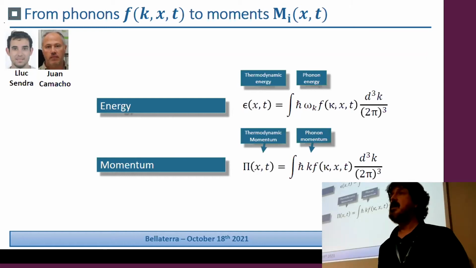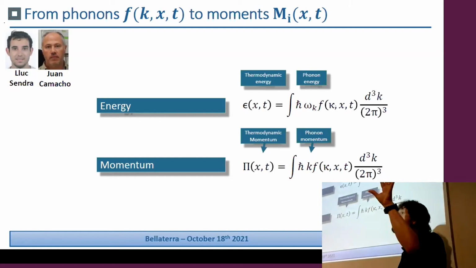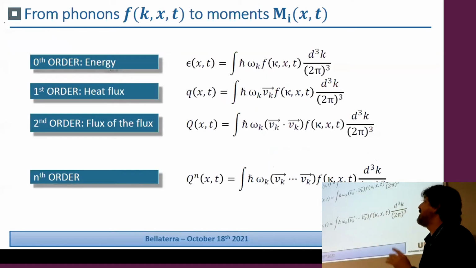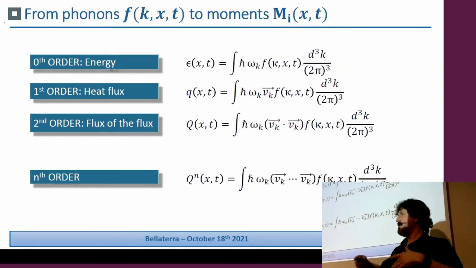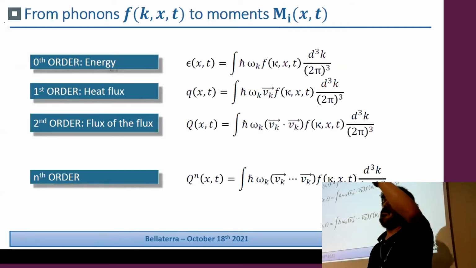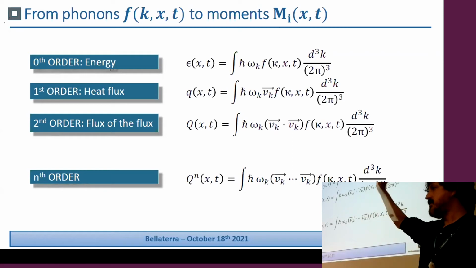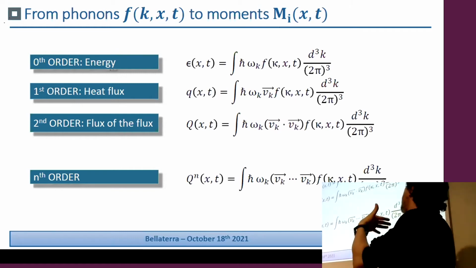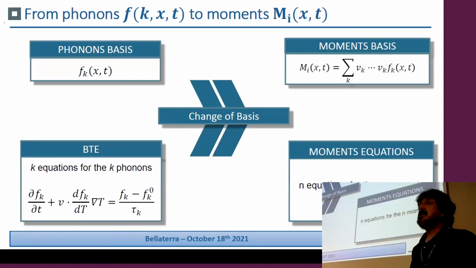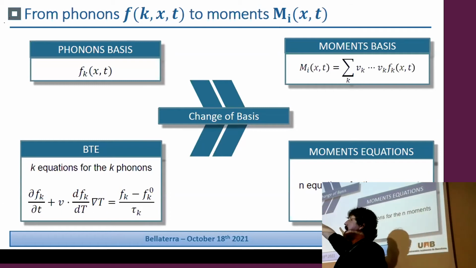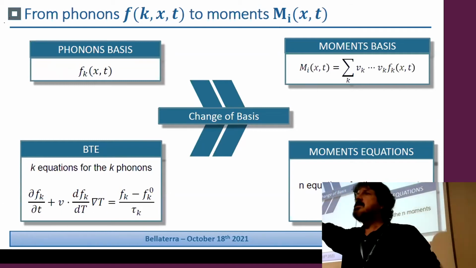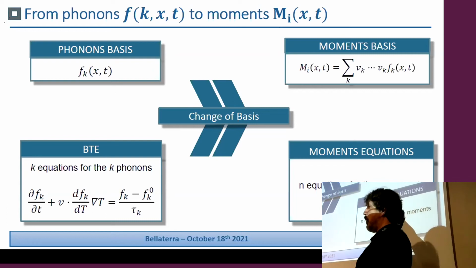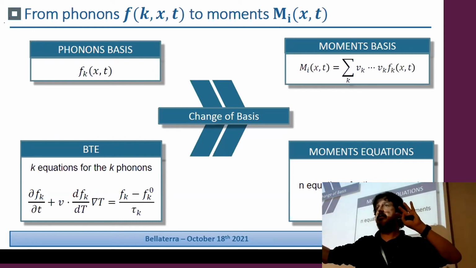You have these two kinds of averages, and you can work with both of them, but not only with them, but with all the higher order moments. So if you take into consideration the exponent of this integral here, you have the different velocities. Working with this is like changing from the world of the phonons to the world of the moments. Okay, this is our point of view.